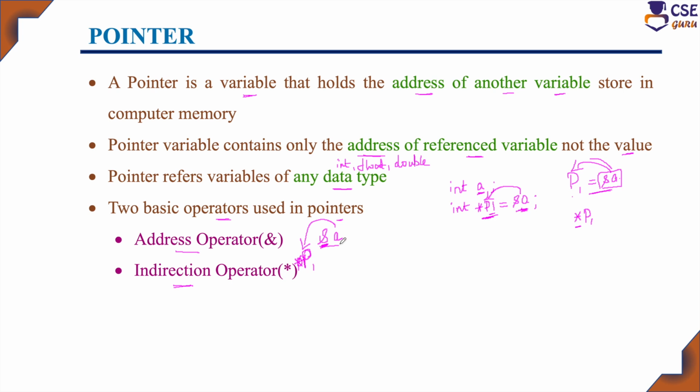The memory location in which the variable has stored its value is nothing but its address. This ampersand represents the address operator. And if you want to refer to the value in that address, that is the star operator. This is called the indirection operator. Both operators are used in a program with pointer variables. So, this is a pointer variable.